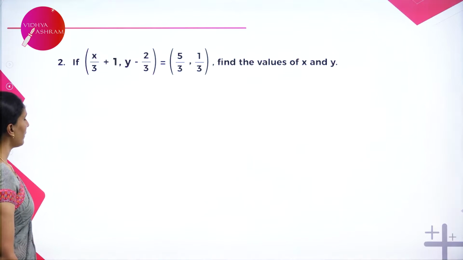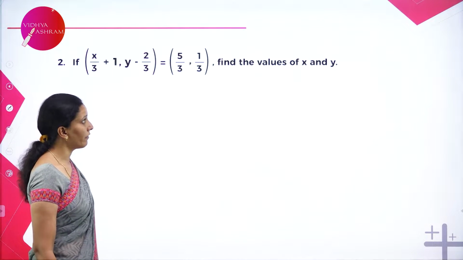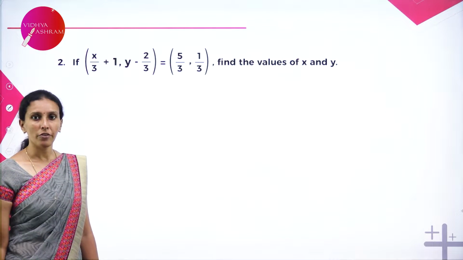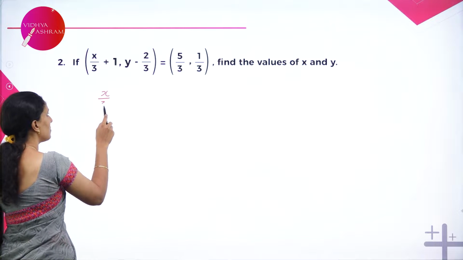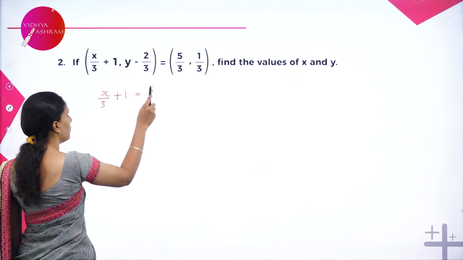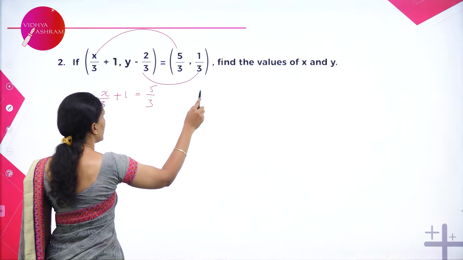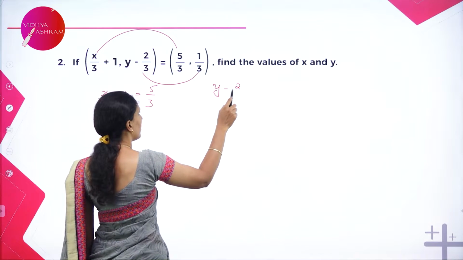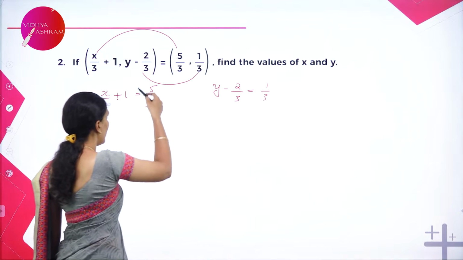Next question. If (x by 3 plus 1, y minus 2 by 3) is equal to (5 by 3, 1 by 3), find the values of x and y. Again, using the same concept, first element to first, second element to second, we can take x by 3 plus 1 is equal to 5 by 3, and y minus 2 by 3 is equal to 1 by 3. Let us solve this.